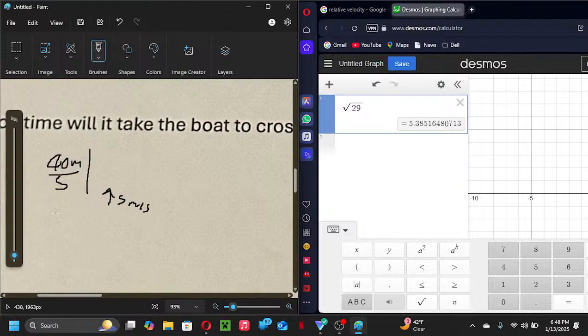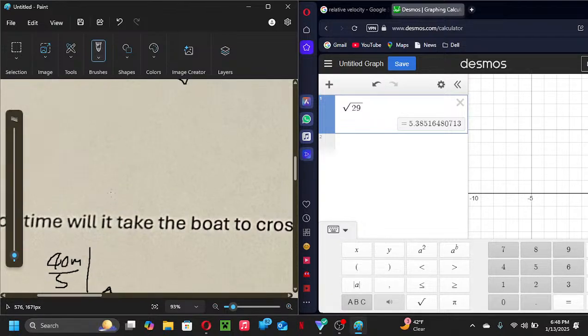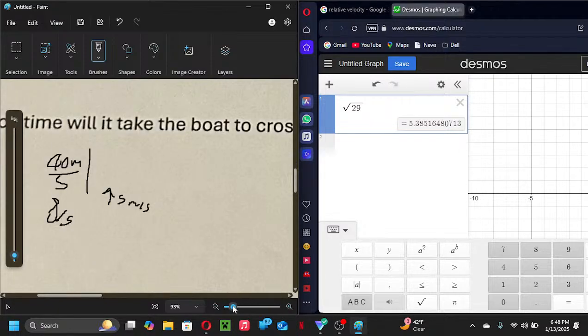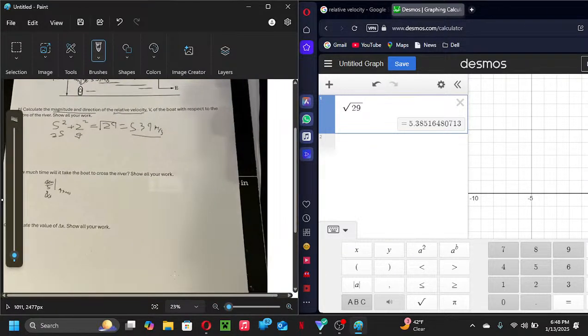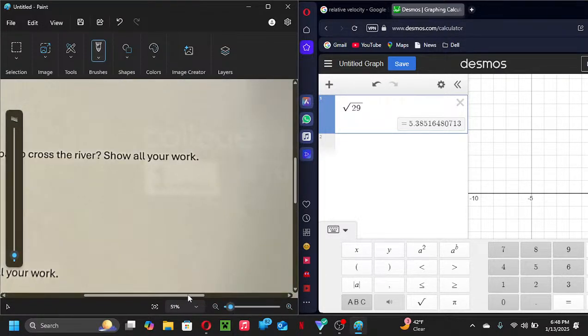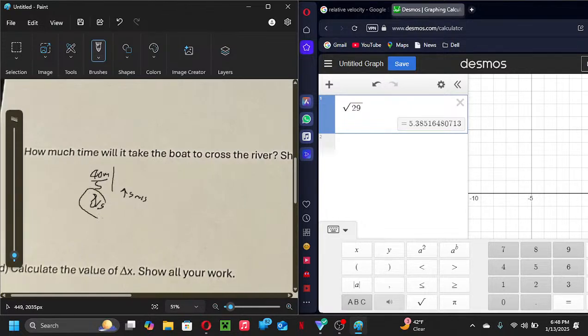That's how many seconds it's going to take to go forward, and that's how long the boat's going to travel in general. So the answer for this one is 8 seconds, because we know the boat goes 40 meters forward at 5 meters a second. So it takes 8 seconds to make the trip of 40 meters forward.